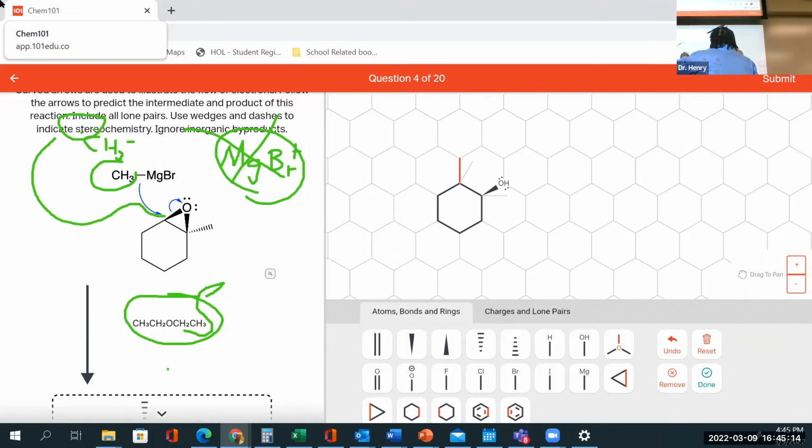So literally all you're saying is R, MgBr plus epoxy, and it could be just a general epoxy, or it could be a ring structure epoxy.